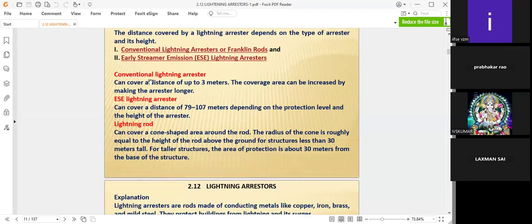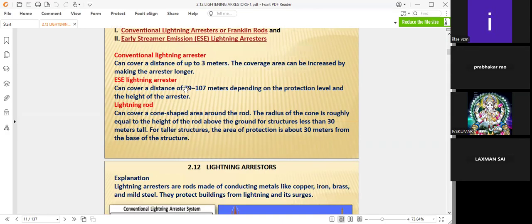With conventional arresters, if you make the arrestor longer, the coverage is also more, but we have to see from experience whether higher length rods work or not. That's why they go for early streamer emission ESE lightning arresters, which can cover a distance of 79 to 107 meters.